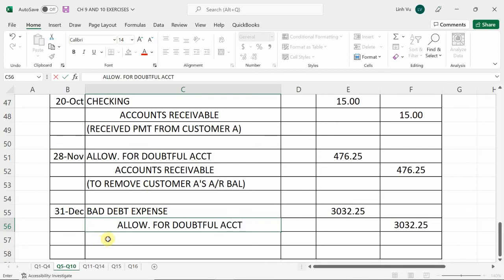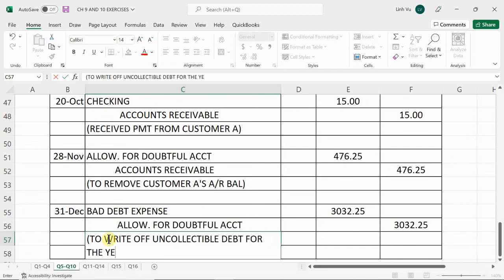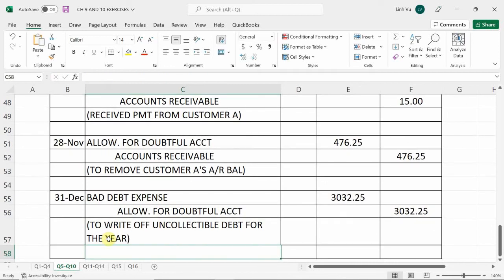And if you want to put in here, you could say to write off uncollectible debt for the year. And of course, you could say which includes customer A's balance on there.